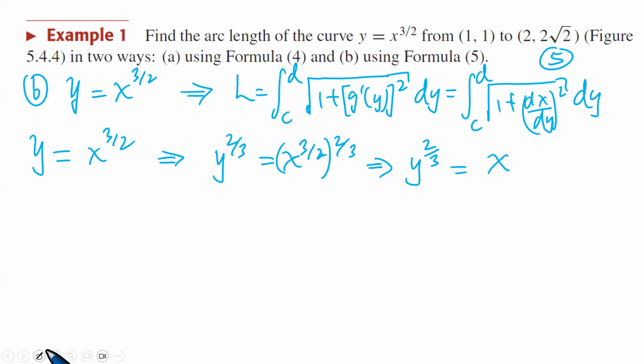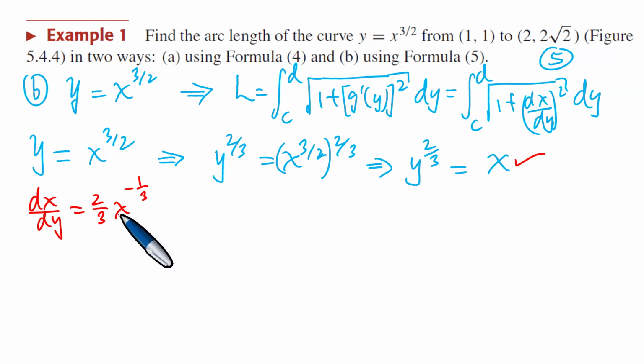Now that we've made x the subject, we can from this find dx over dy, and then we can find the 1 plus the square. Right, so what is dx over dy? You bring down the 2 over 3 y to the power, and if you subtract 1 from this, you get minus 1/3.